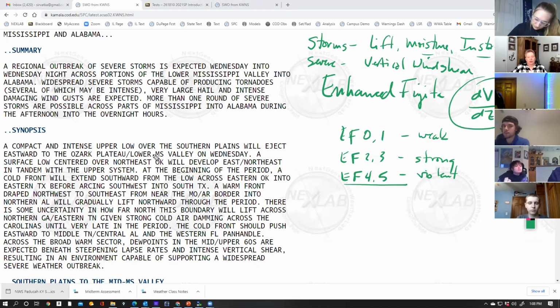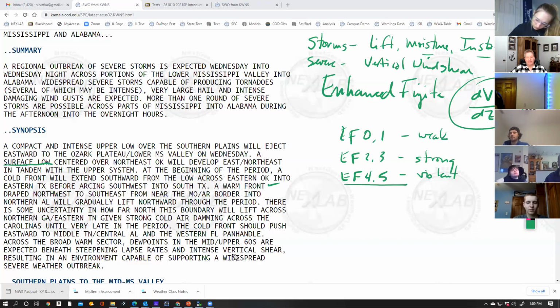When I look over here, it says there'll be a surface low pressure. This is unit 4 stuff. Low pressure means air is converging and going to be forced to rise, so this is a lift. We have a warm front, and then there will be a cold front coming in later on.